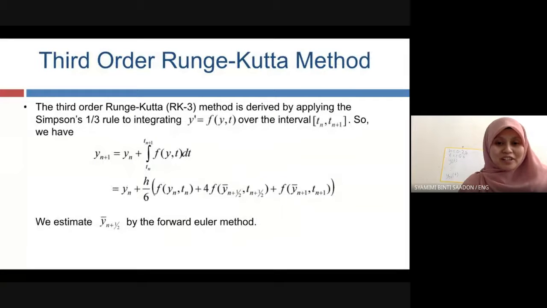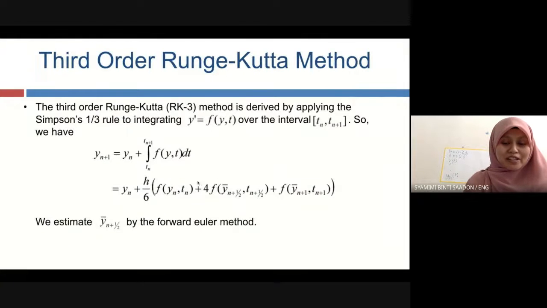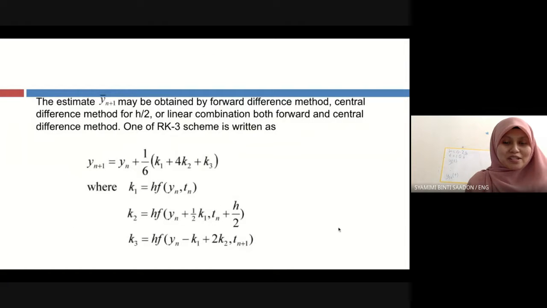Of course the third order will be longer. So this is the third order Runge-Kutta method. We have yn plus 1 equals yn plus 1 over 6 of k1 plus 4 k2 plus k3. The equation is already simplified; the actual equation has the integral, etc. It is written in terms of the parameters k1, k2, and k3.